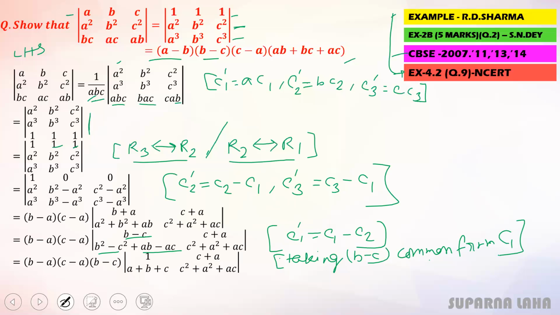So after taking common, just multiply this with this and minus this with this and simplify it. You will find this value is given by A minus B into B minus C into C minus A, and AB plus BC plus AC. Okay, so you just simplify it.